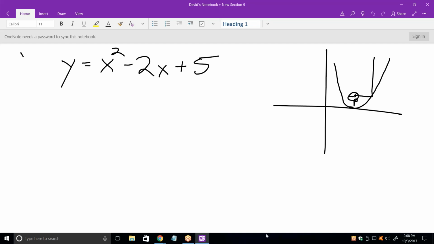Now, when you start studying parabolas as conic sections, they give you a different format for it.